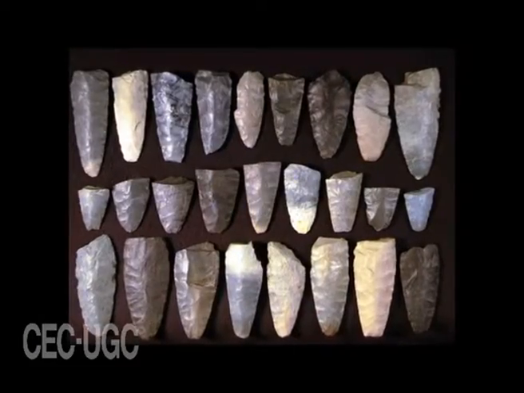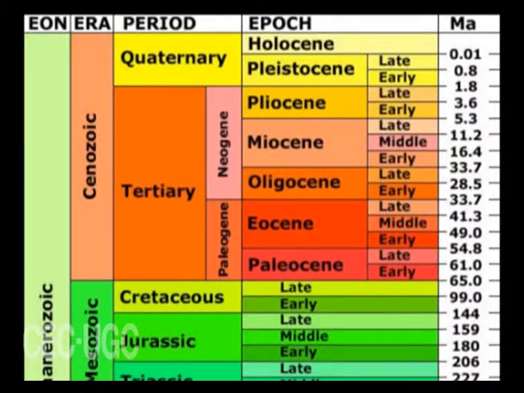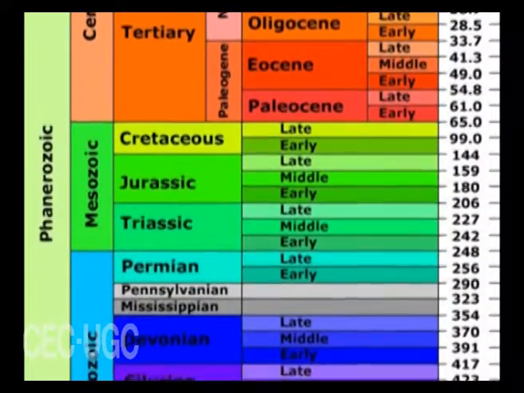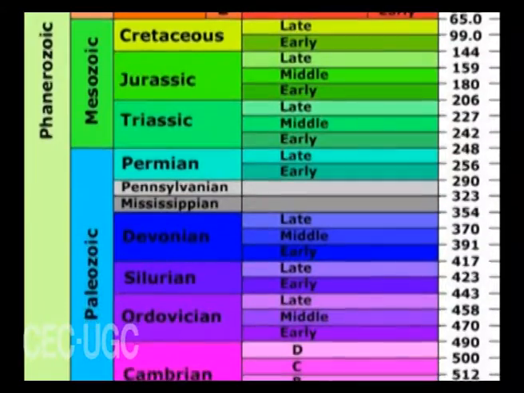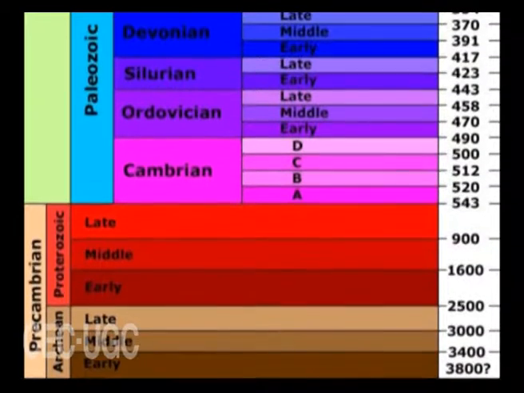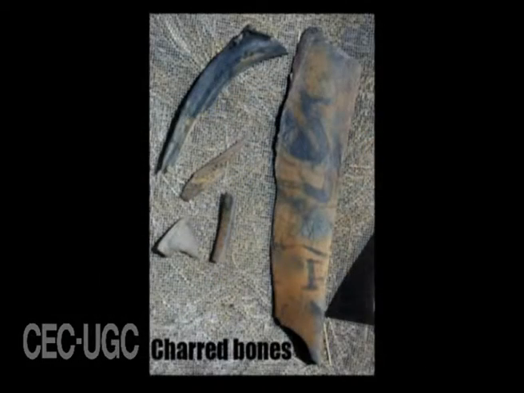It subsequently evolved into the most powerful method of dating late Pleistocene and Holocene artifacts and geologic events up to about 50,000 years. This method is very useful in determining the chronology of a site consisting of charcoal and charred bones.